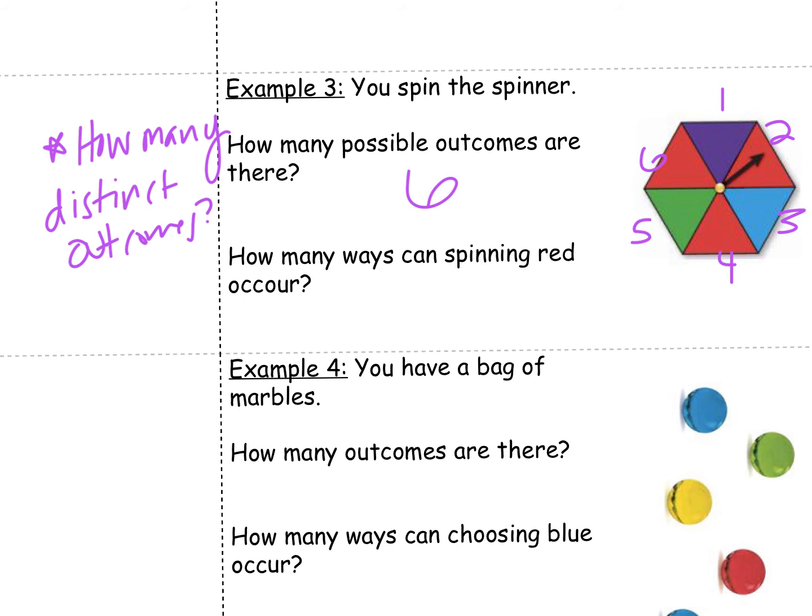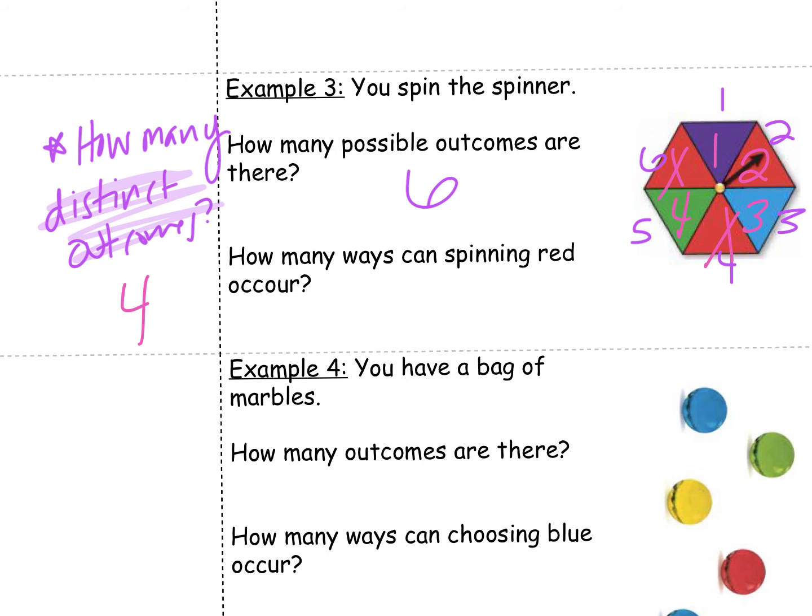A distinct outcome, which is really important to know, is different. So when I look here, how many different colors do I have? Well, I have 1, 2, 3, I already have a red, 4, and I already have a red. So there's only 4 that are distinct.